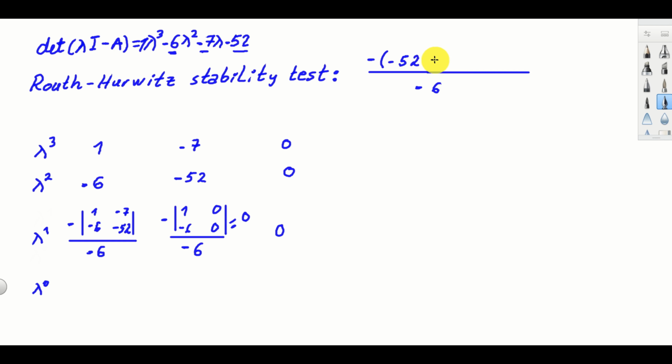This becomes -6 multiplying -7. Consequently, over here we will have -6, and we will have -52 minus 6 multiplying 7.